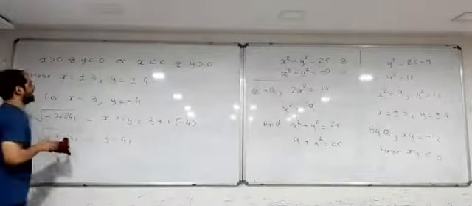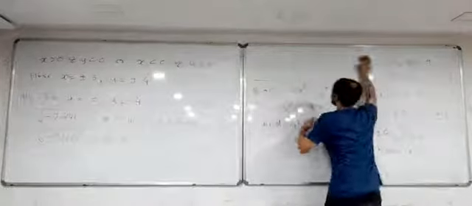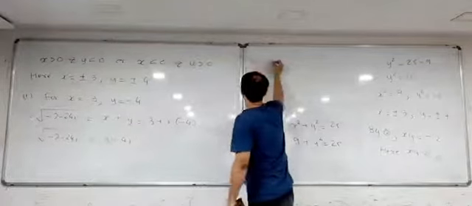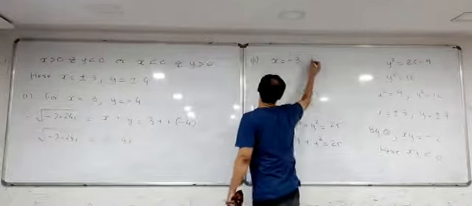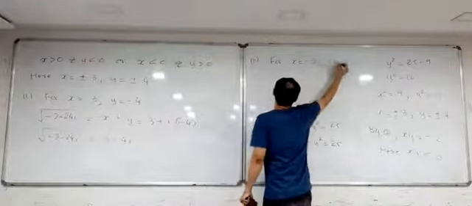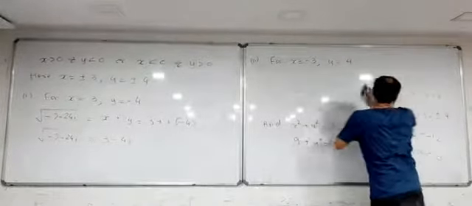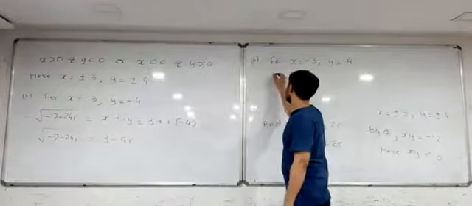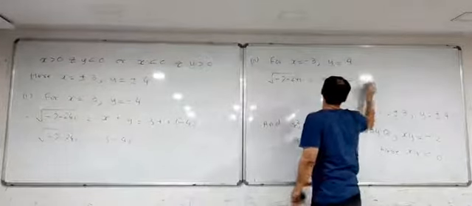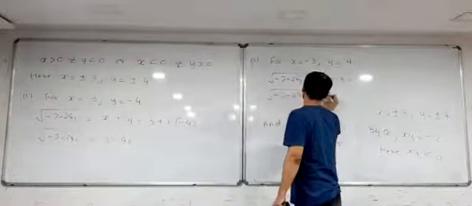And in the second case, if you take x as minus 3, what should y be? For x as minus 3, y should be positive, so y will be 4. Then take the square root directly. The square root of minus 7 minus 24i is x plus iy, which is minus 3 plus 4i.